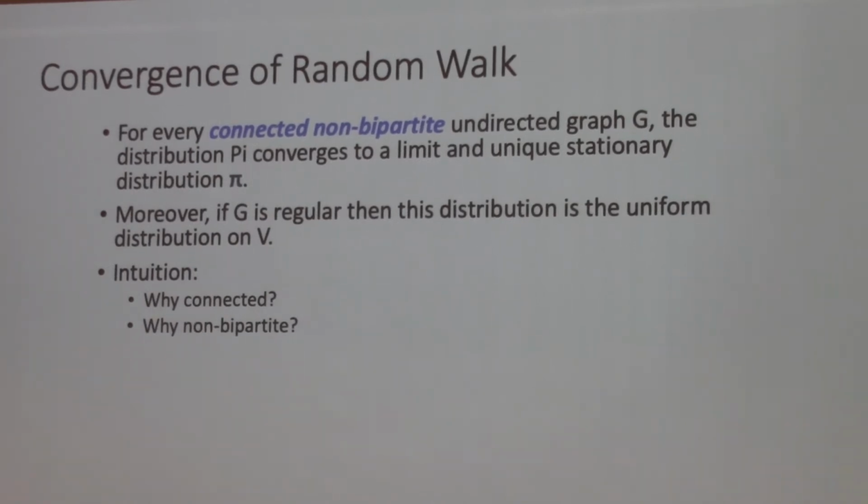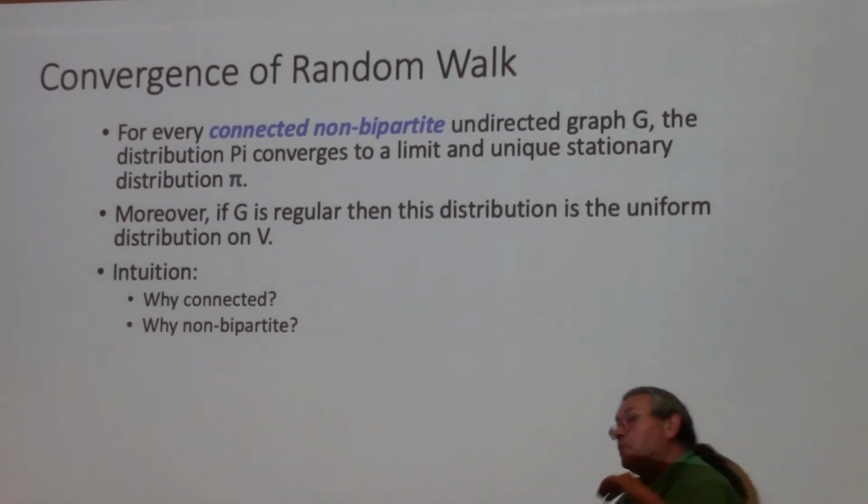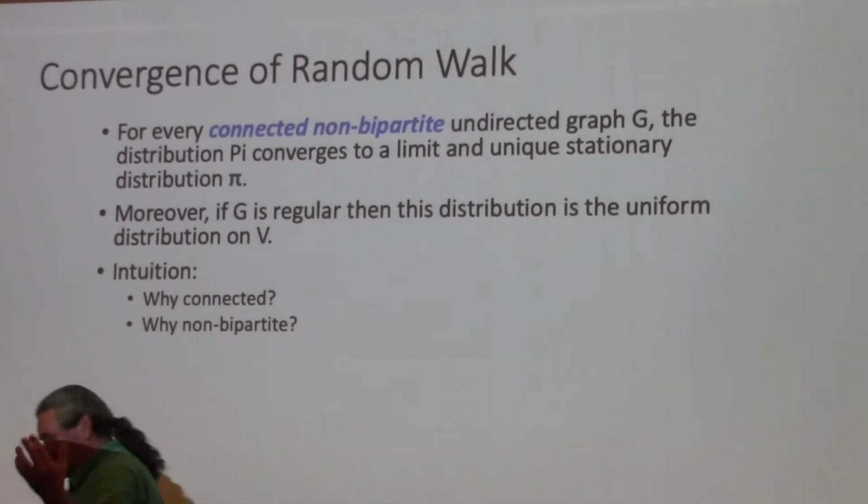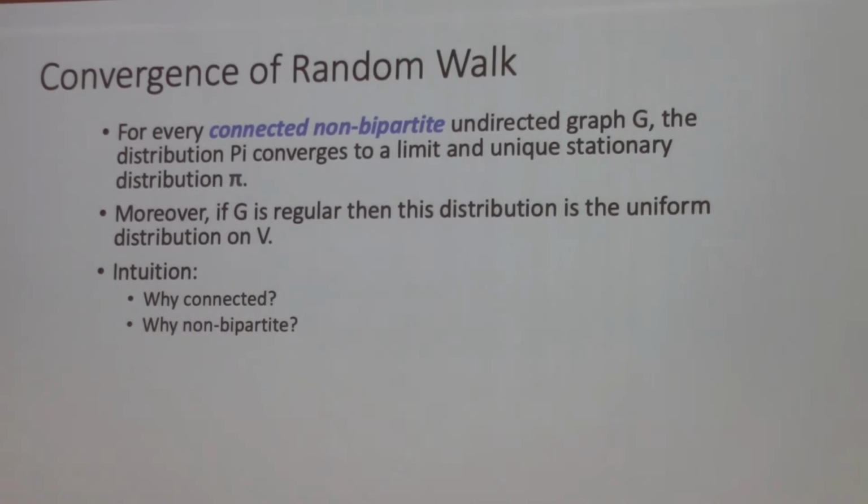Why non-bipartite? Bipartite, remember what it means? We already saw that in the course. You have two sets of nodes, and you go from one to the other. Well, if you calculate probabilities in the bipartite case, you will be on one side, you do one step, and then you're on the other side.